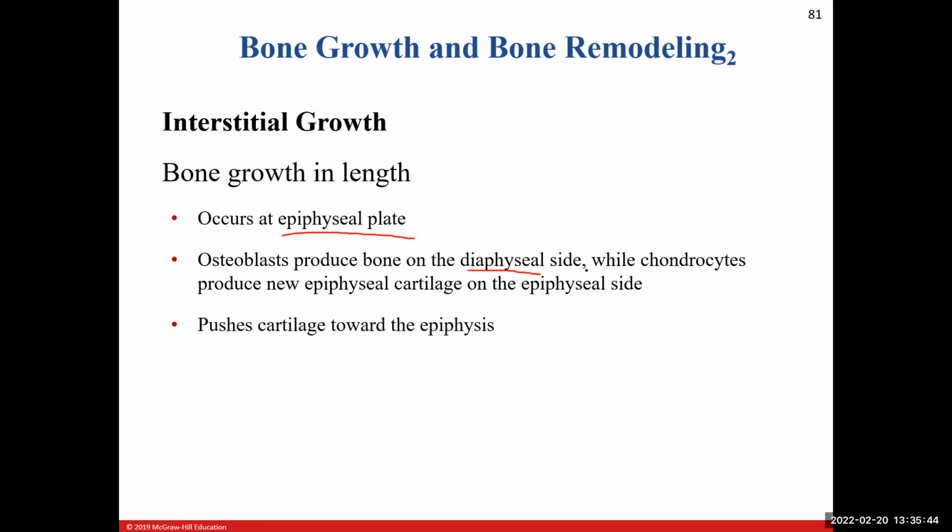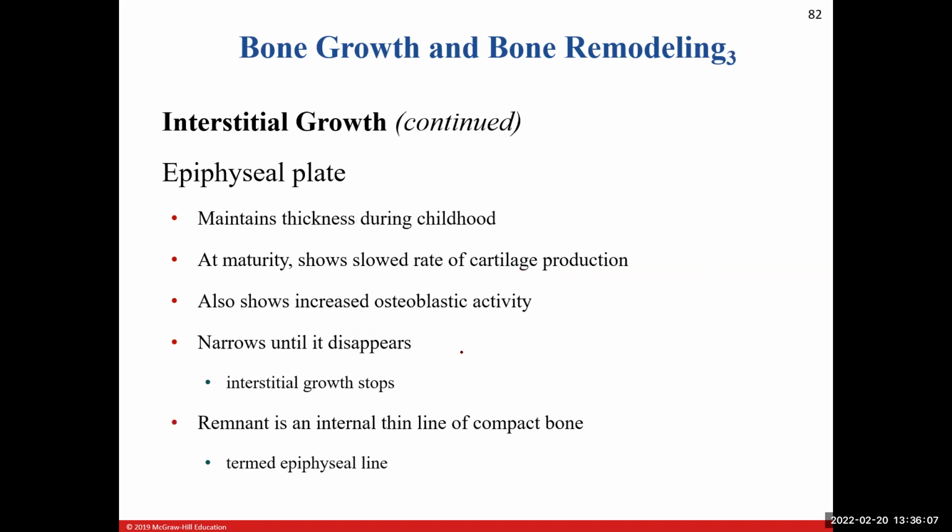Meanwhile, the chondrocytes are going to be making cartilage closer to the epiphyseal side. And eventually that cartilage will be turned into bone here. And this whole process will then lengthen the bone because it pushes the cartilage out away from the center of the bone, away from the diaphysis there.